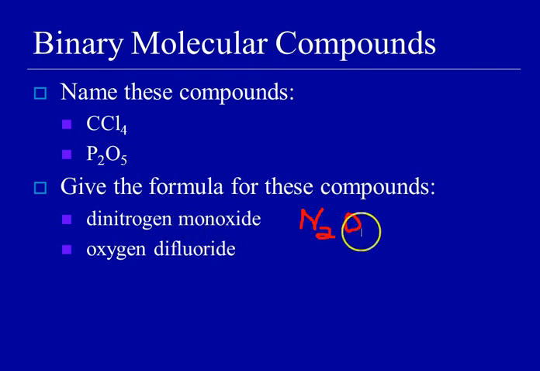Mono means 1, and so I'm not going to put a prefix here because it means 1. So this is a 2 nitrogen, 1 oxygen compound. Oxygen difluoride. O is the symbol for oxygen. That's my first element in this compound. F is the symbol for fluorine, which is where this name comes from, and di means there are 2 of them.